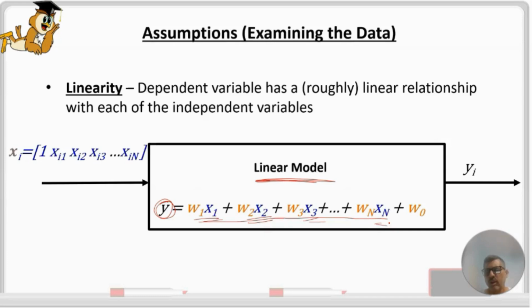So if your underlying data did not have a linear relationship between the dependent variable and the independent variables, naturally a linear model would not be able to replicate that behavior of the training data, which is what we want to do with linear regression. So therefore, this assumption is absolutely necessary. It's important. Okay. So the assumption of linearity is the first assumption you are making when it comes to the data that you're trying to model.